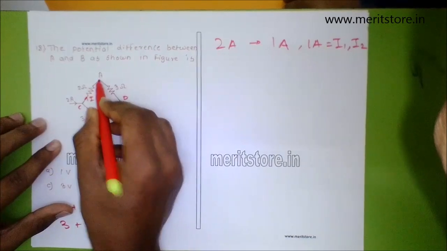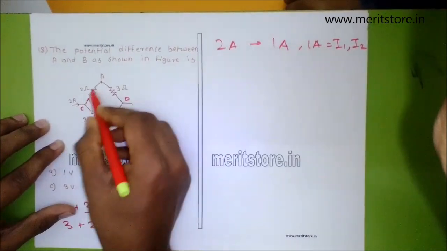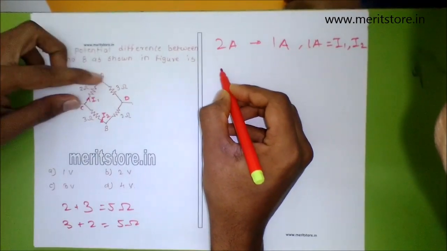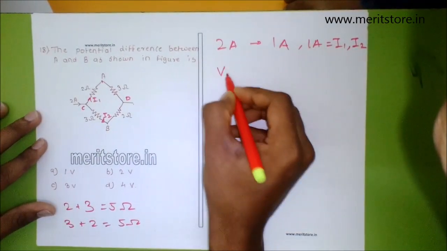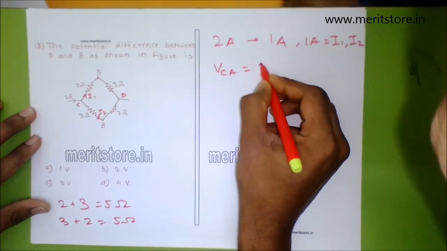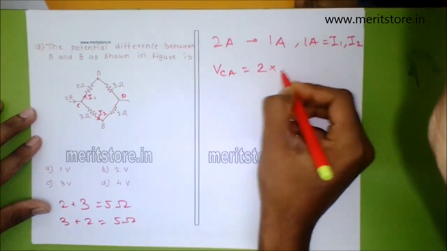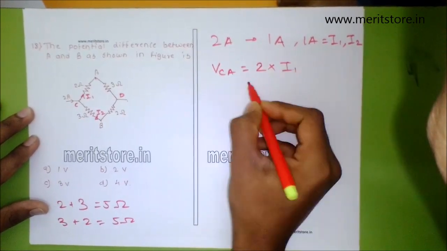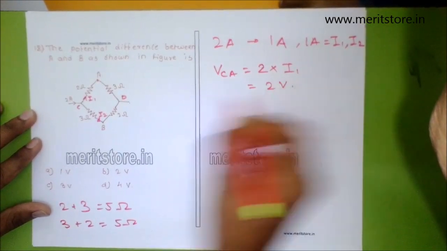In order to find out the potential at point A, we need to find the potential between the points C and A, which is V equal to I into R, that is 2 volts.